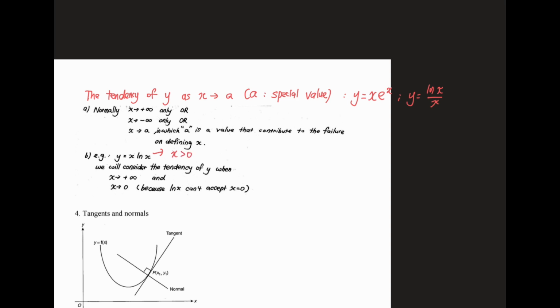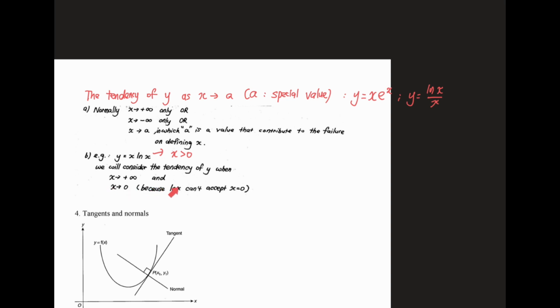Because of that, we want to know how the graph moves when x becomes very big. So that's why we consider x approaches infinity, and then we want to see how the graph behaves. We cannot consider x approaches negative infinity because the x value can never take negative values. The other thing is we also consider a special value like 0. Why 0?